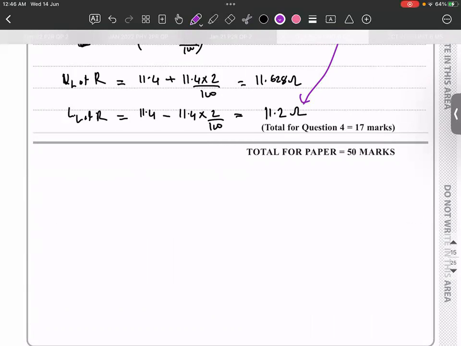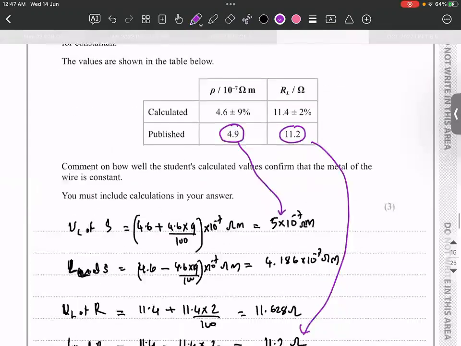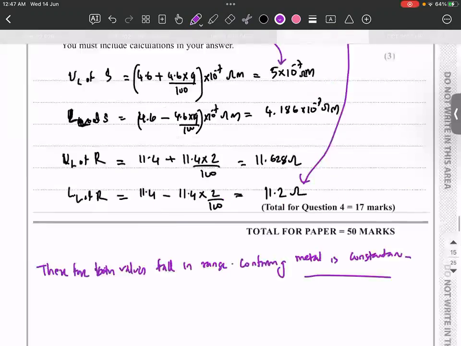You can say that, therefore, both values fall in range, confirming the metal is constantan. Clear? So that's about this question.